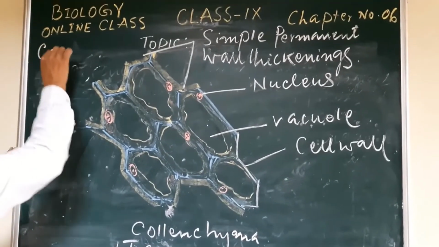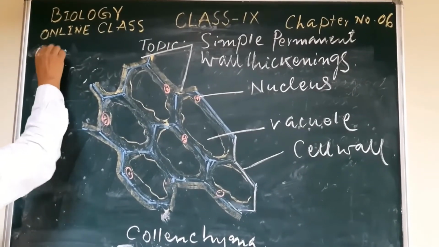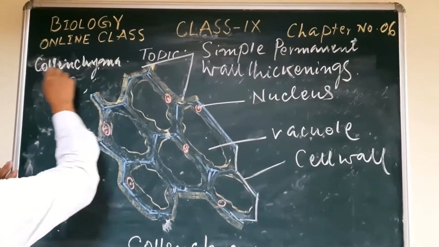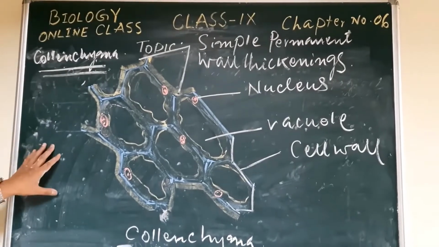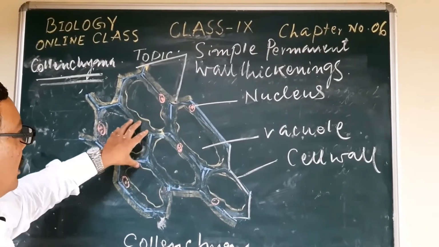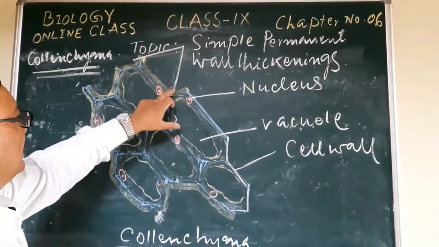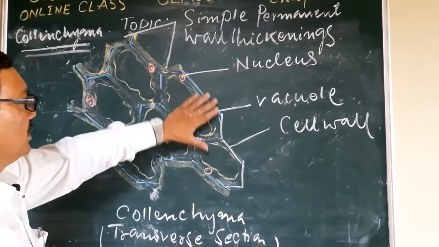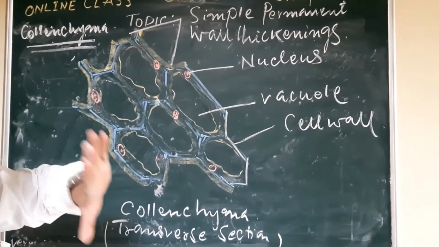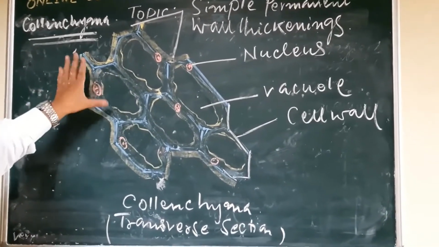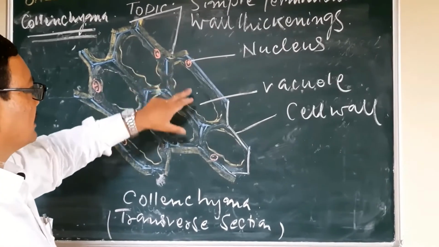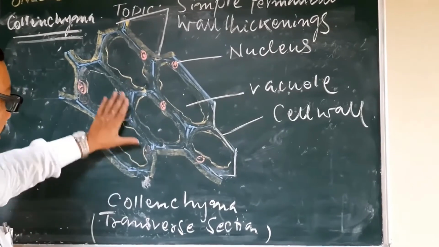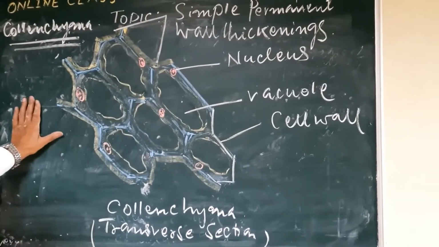We have discussed its features and functions, and now come to this diagram. Here is the thickening of the cell wall at the corner end, and overall the cell wall is thicker than that of the parenchyma. Here the nucleus and the large vacuoles are visible, and this is a transverse section of Collenchyma.